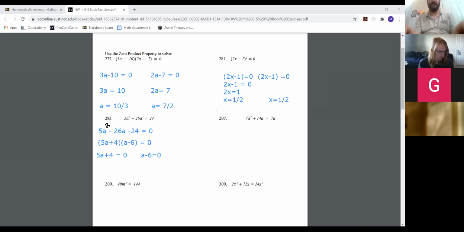So it looks like 5a squared minus 30a plus 4a minus 24. And then you can either do this with factor by grouping or putting it in the box.